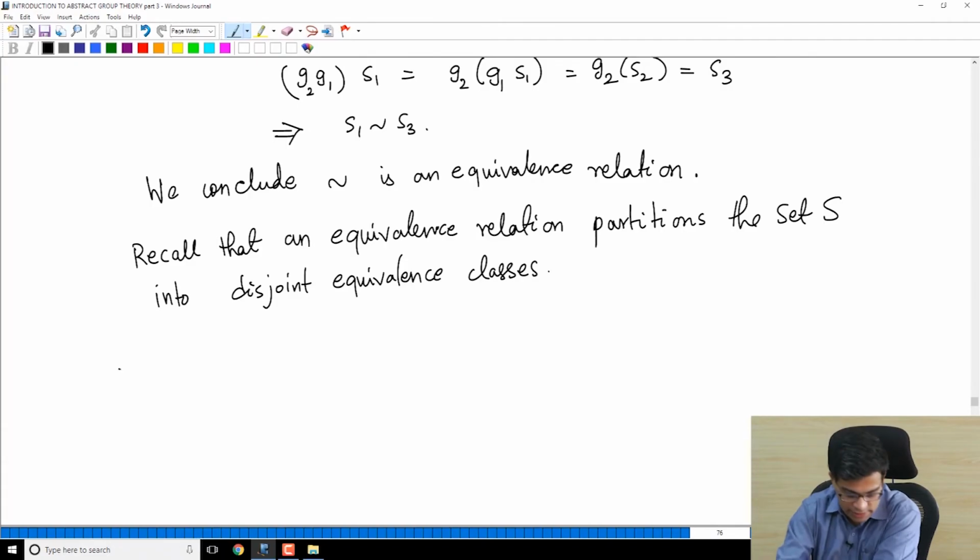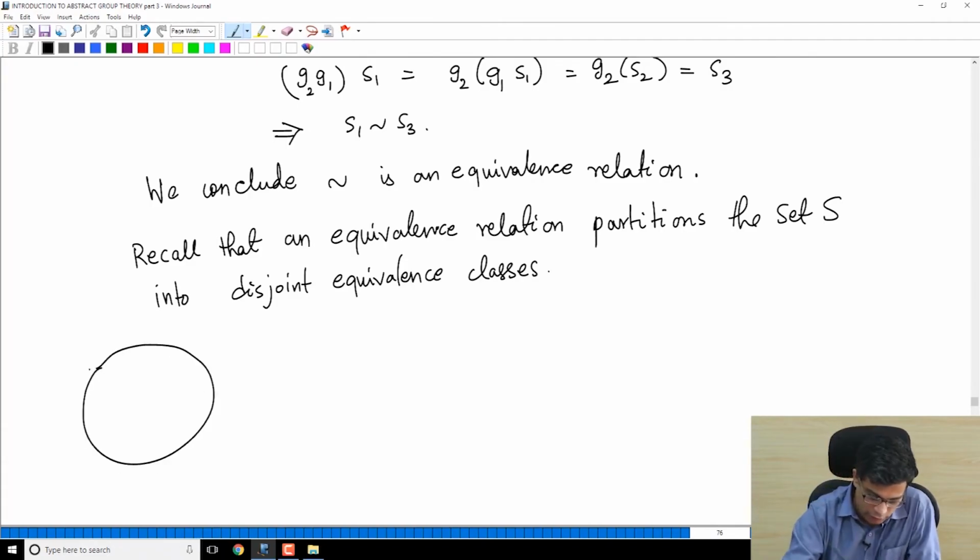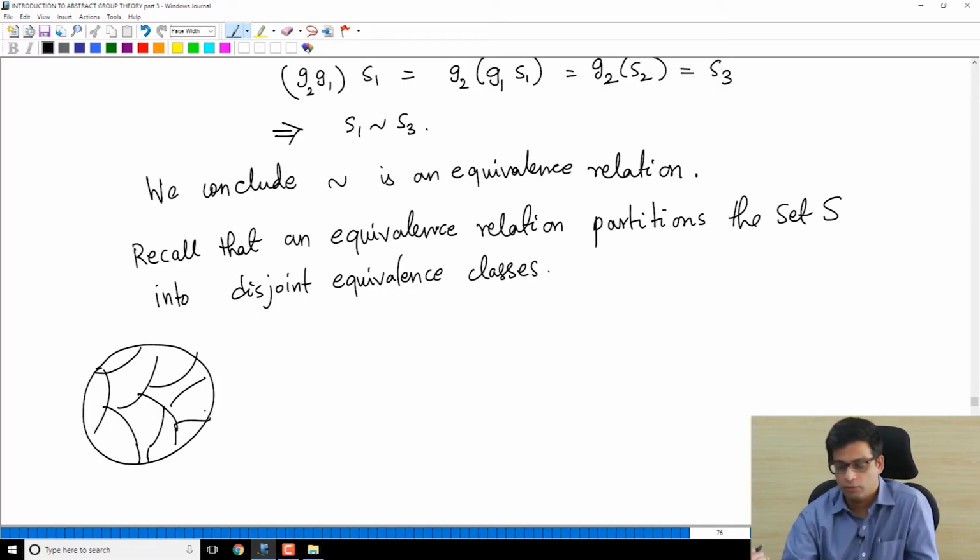We take equivalence classes. When we talked about cosets in a group, I did this in detail, so let's not repeat that again. But an equivalence relation partitions a set into disjoint equivalence classes.